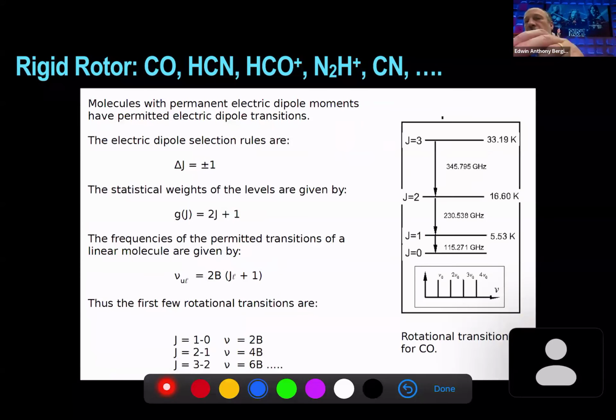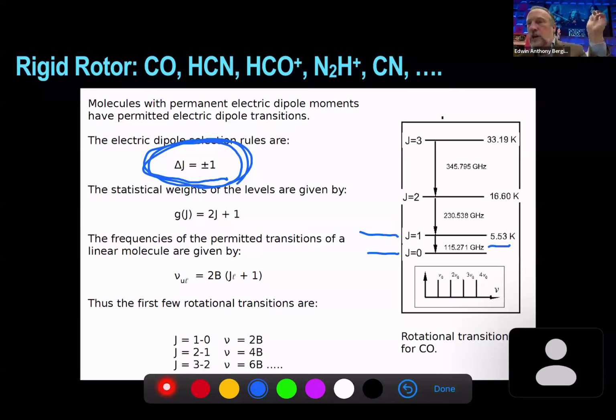For the electric dipole, the change in that quantum number is plus or minus one. And here's the change from the J equals one state to J equals zero. That has an energy that I can determine by that quantity I showed you earlier, about 5.5 Kelvin.